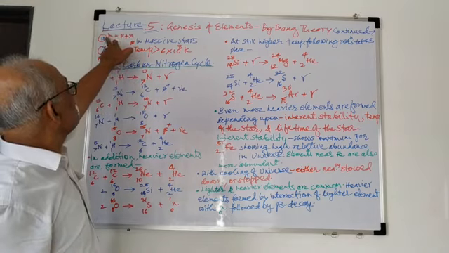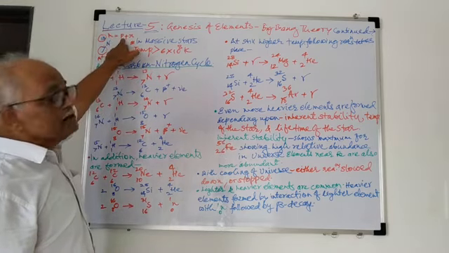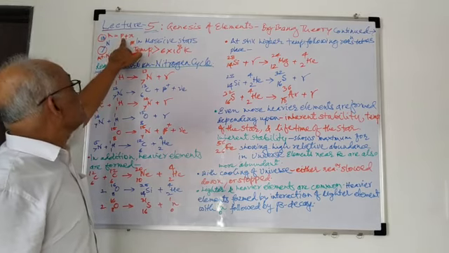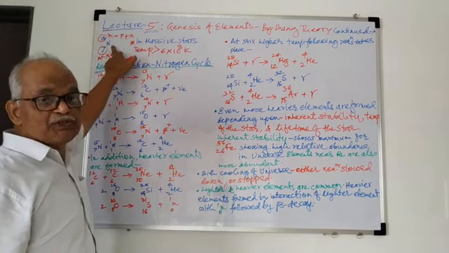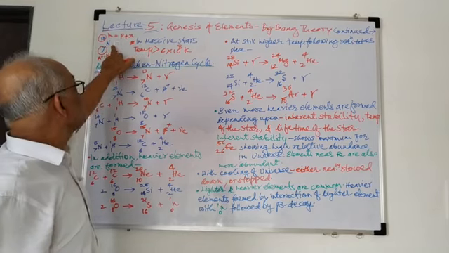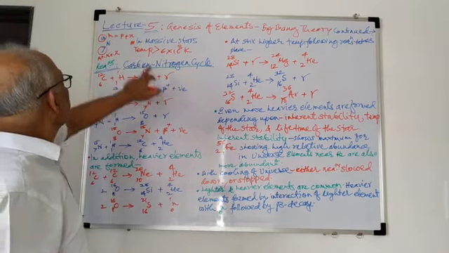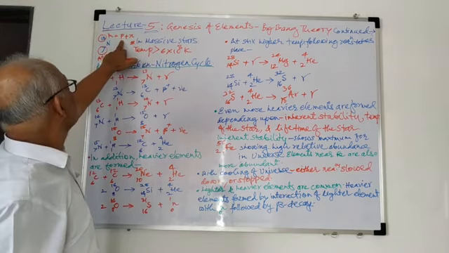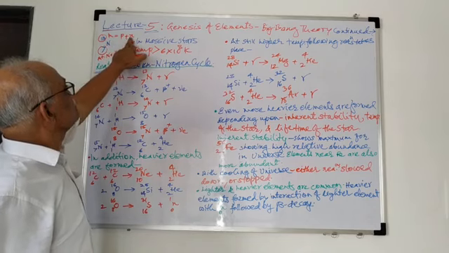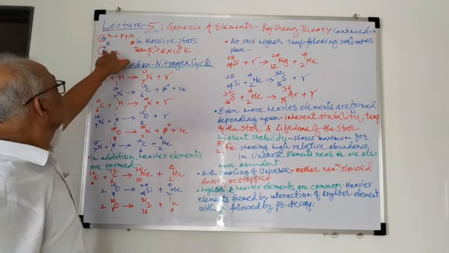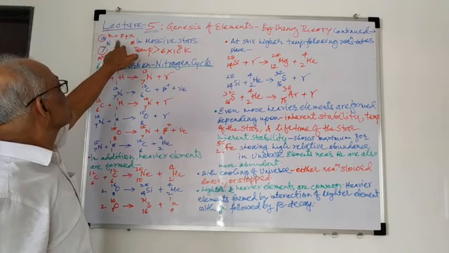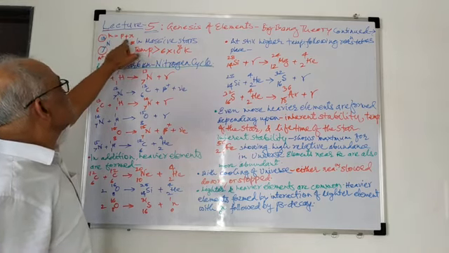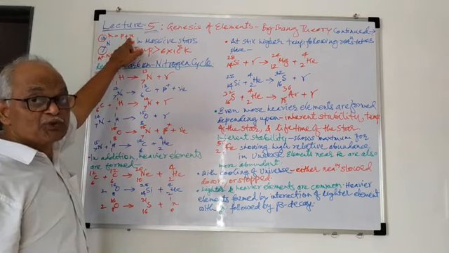So this atomic mass is the sum of the number of protons and neutrons present in the nucleus of a particular element. Here there are 7 protons, and neutrons are 13 minus 7, that is 6 neutrons.